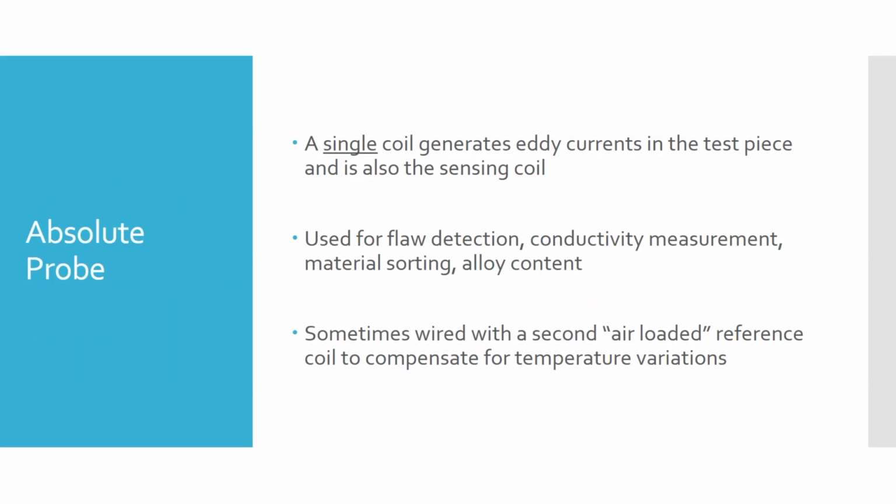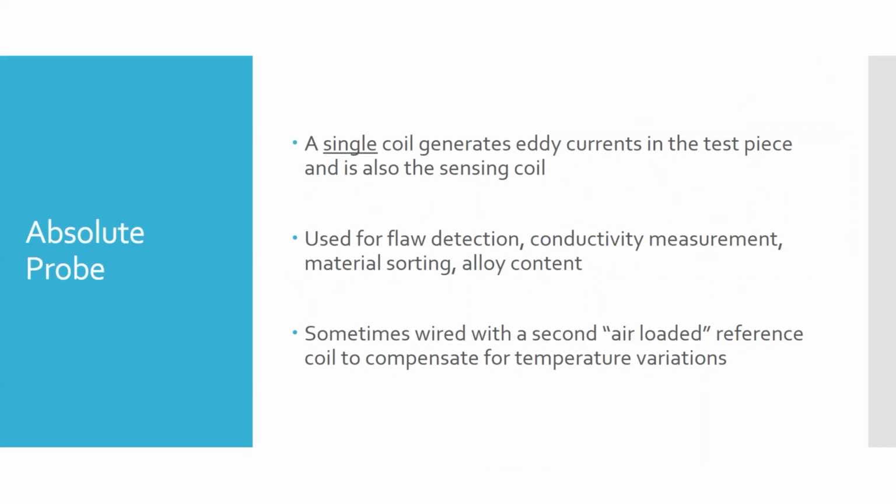They can be used for other things you can see here, like conductivity, material sorting, and alloy, because if you're in a case where all you need to know is what am I putting in front of the probe, it doesn't need any special penetrating ability. You put a material in front of it, and if it's material A, the inductive reactance is going to change one way. If it's material B, the inductive reactance will change another way. And so you can use it for sorting or alloy content situations.